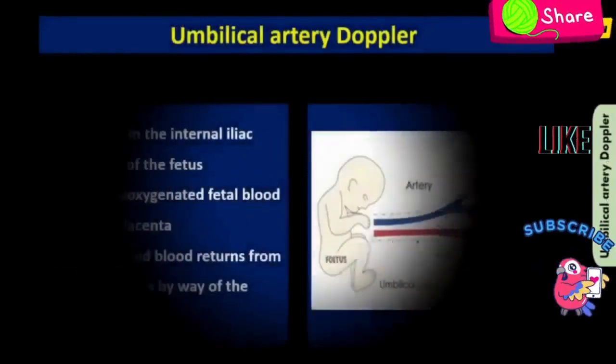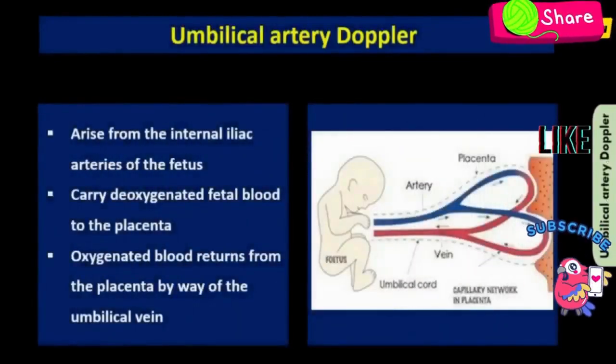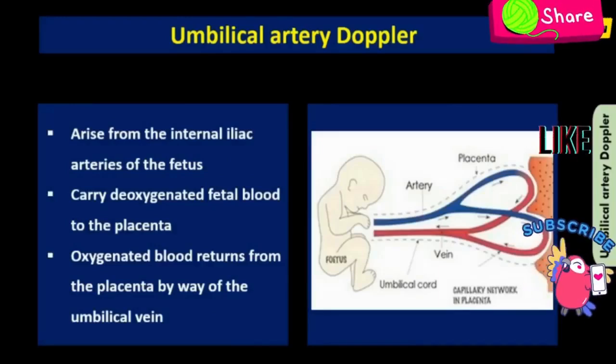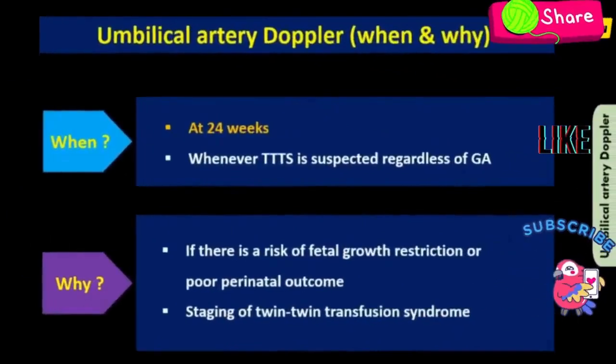In the fetus, the umbilical arteries arise from the internal iliac arteries and are responsible for carrying deoxygenated fetal blood to the placenta. Oxygenated blood returns from the placenta to the right atrium by way of the umbilical vein. In clinical practice, Doppler ultrasound of the umbilical artery is not performed until 24 weeks of gestation.